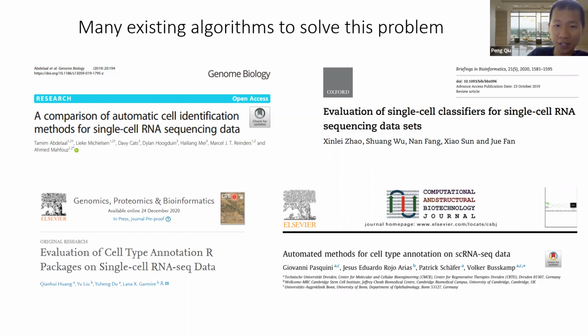It turns out that there already exist four benchmarking papers on this topic, and each of them compared more than a dozen algorithms. Of course, there are overlaps, but there does exist a good number of algorithms for automated cell type mapping.